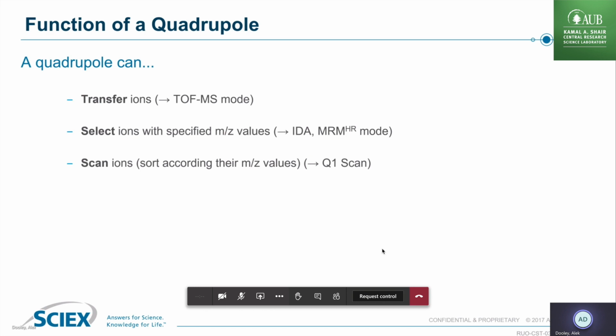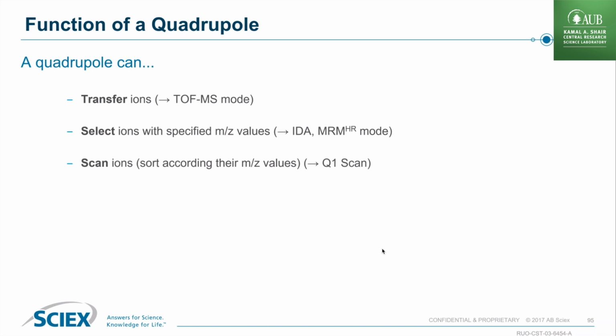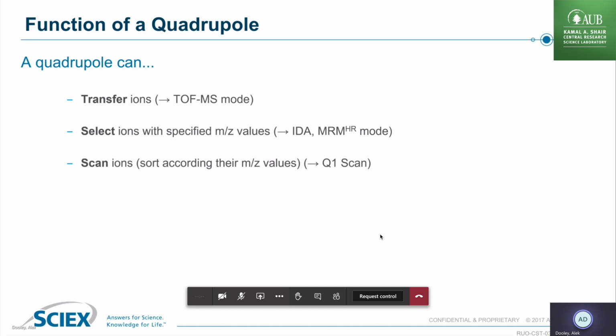There is a third way that we use the quadrupole, and that is called scanning. However, it's not really used in QTOF. The reason for that is scanning a quadrupole is very slow. So we typically only use that in a different kind of instrument called a triple quadrupole. But we can scan the quadrupole, and that means sequentially sort the ions by their mass per charge value over a range.